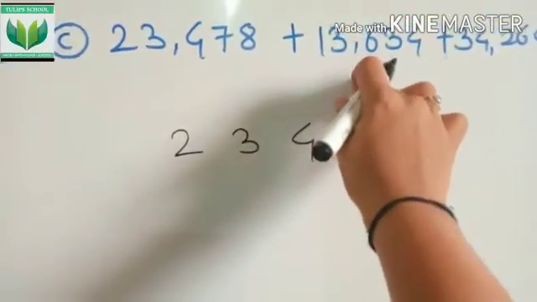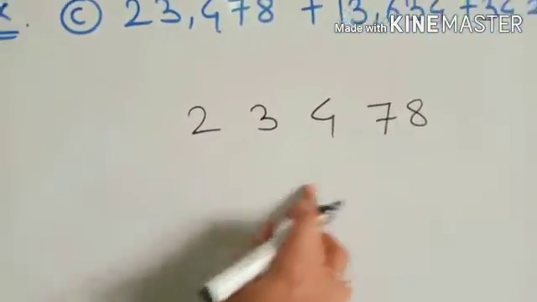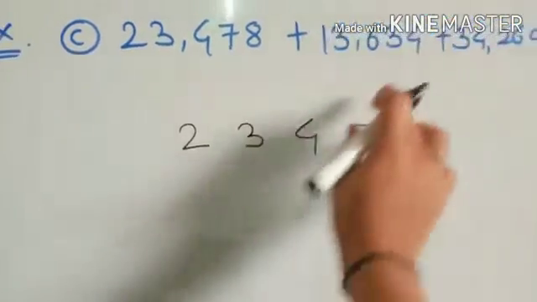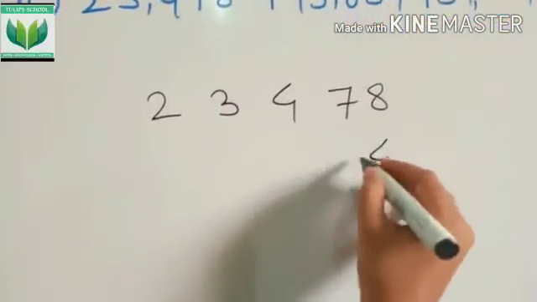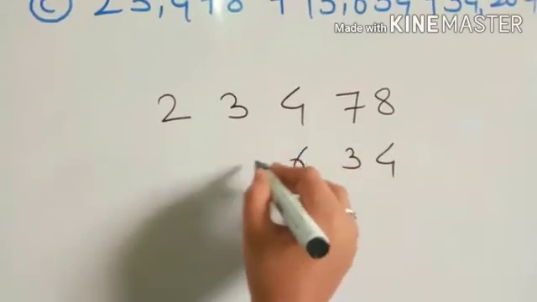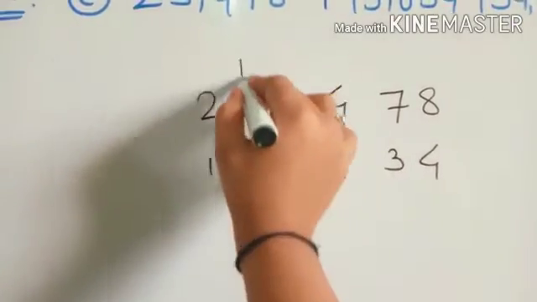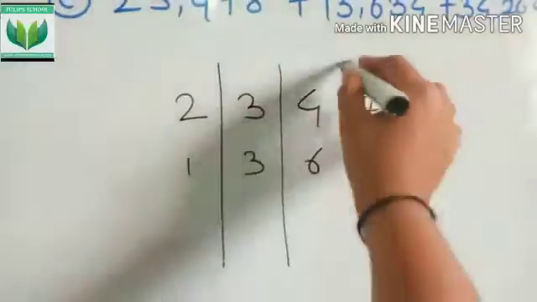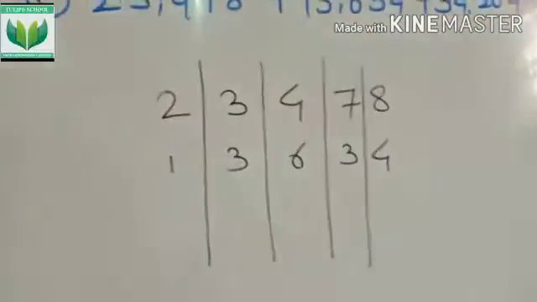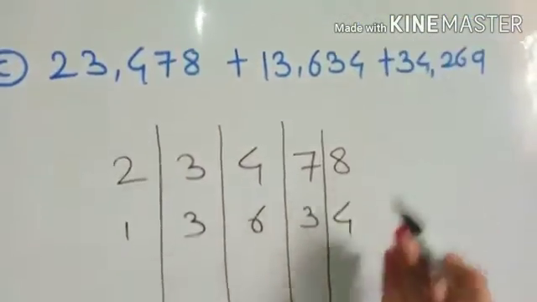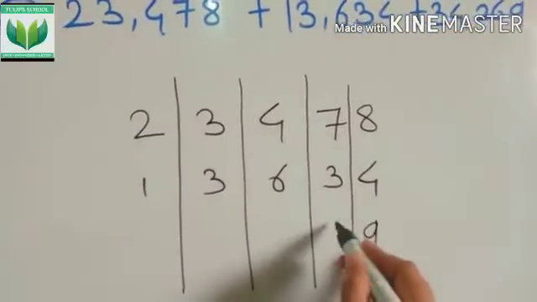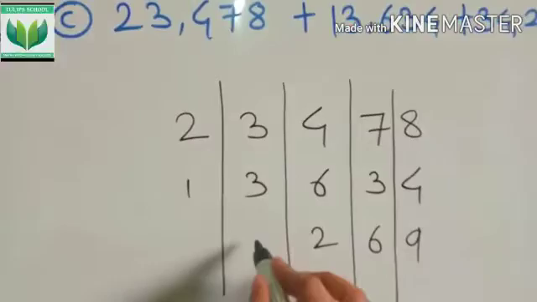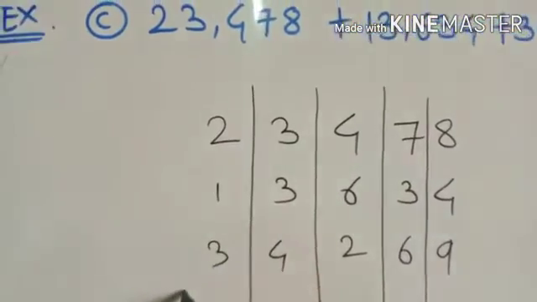Now the second one, from the back side we have to write the digits. 13,634, 4, 3, 6, 3, 1. Okay. This number we have to write from the back side. Okay. 9, 6, 2, 4, 3.